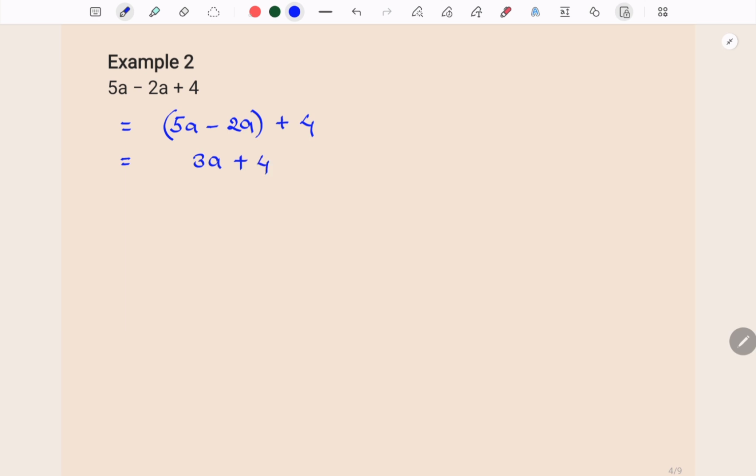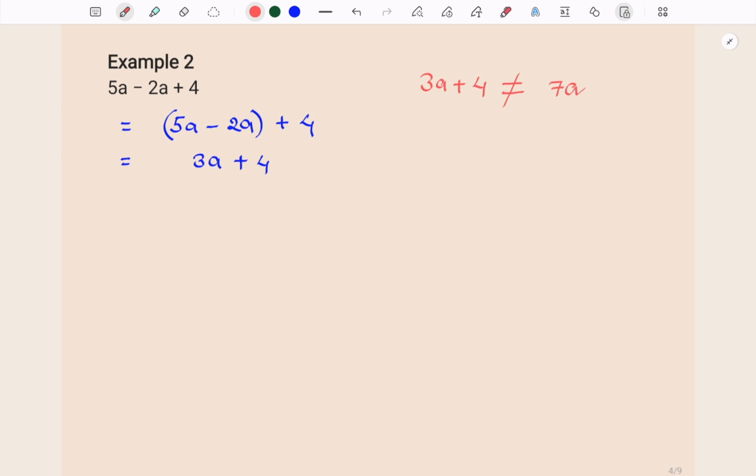I want you to remember that whenever we have expressions like these, we must not write them as 7a, because these operations of addition can only be performed when the variables are the same.